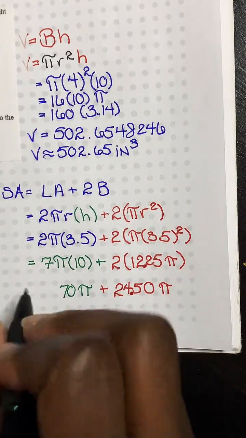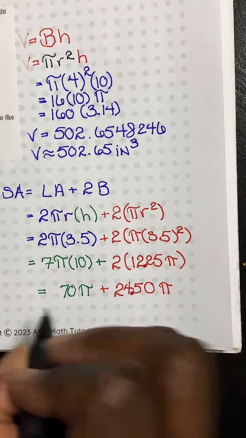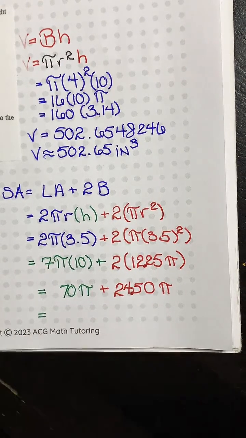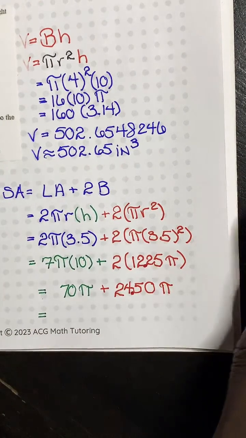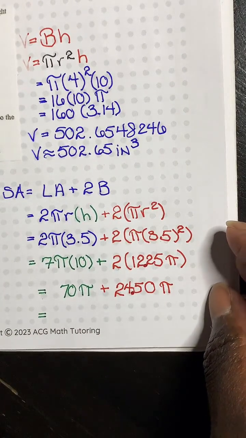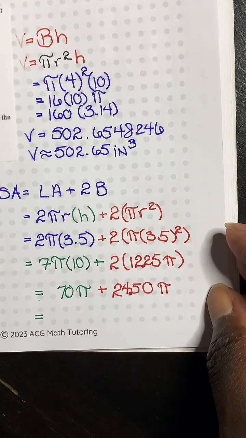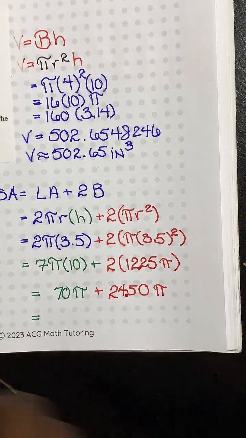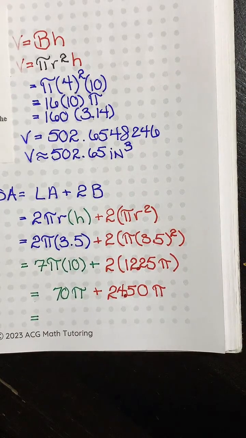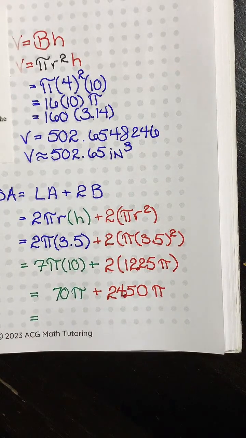So I'm going to leave it in terms of pi. Now, most of the time, if you do see surface area, it's usually going to be a rectangular prism, especially for GED and ASVAB. But I just like to show different things because that's how I go.